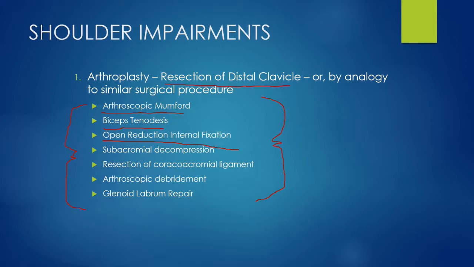So many doctors believe and many doctors provide for permanent impairment for any surgical procedure in the shoulder by analogy to resection of the distal clavicle. So many doctors use these surgical procedures to provide for permanent impairment of the shoulder by analogy to arthroplasty. And you can feel free to use these to provide for permanent impairment for any or all of these shoulder surgical procedures. So let's take a look at a couple of these surgical procedures.